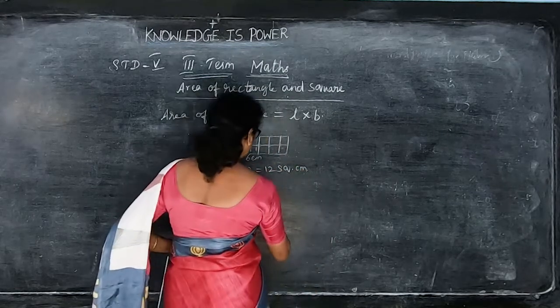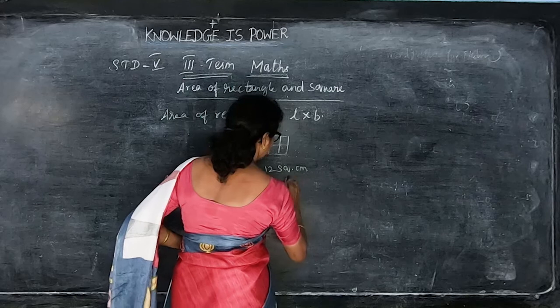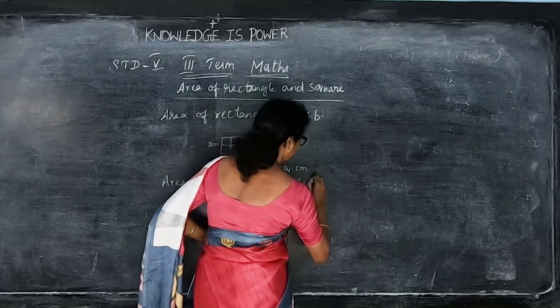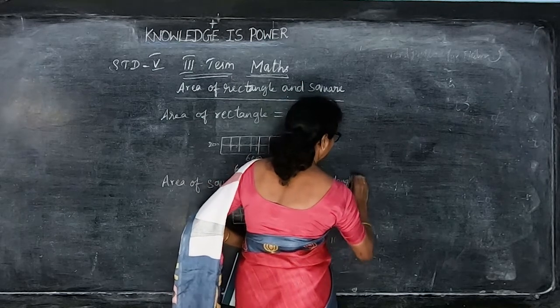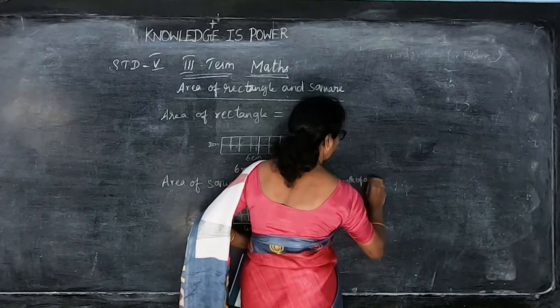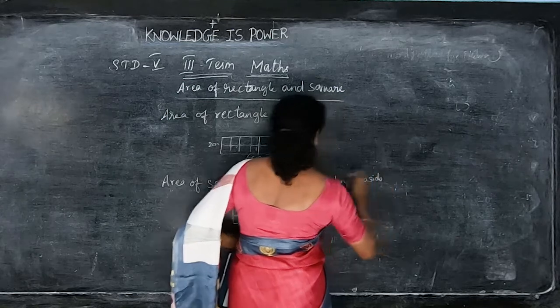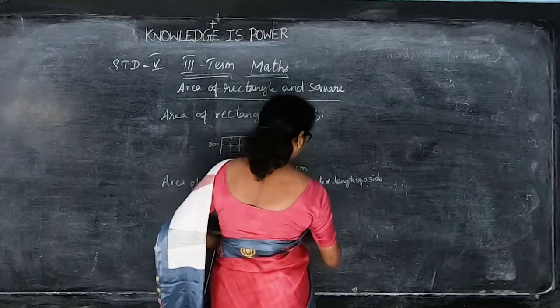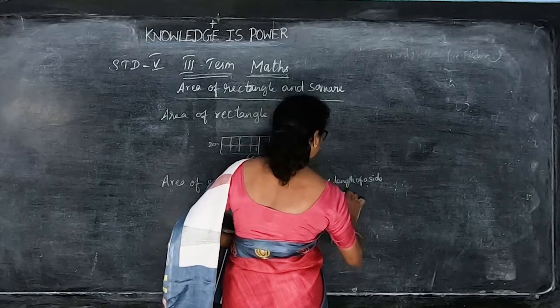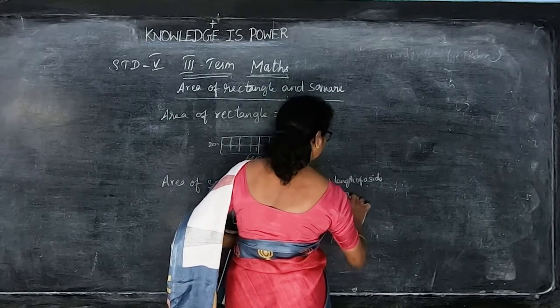Length of a side into length of a side, that is A into A. So 4 into 4, that is equal to 16 square centimeter.